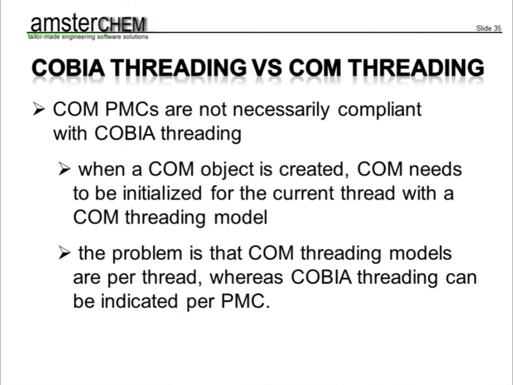When creating COM PMCs from the COBIA PME, the situation is not that clear, as COM needs to be initialized on the thread, specifying the COM threading model for the entire thread, not for the PMC, as we do for COBIA. We have two solutions on the table to choose from to make sure that this interoperation will go without costly marshalling when possible. One of these solutions may be more optimal in the long run, when we expect COBIA to be more prevalent in the CAPE-OPEN world.